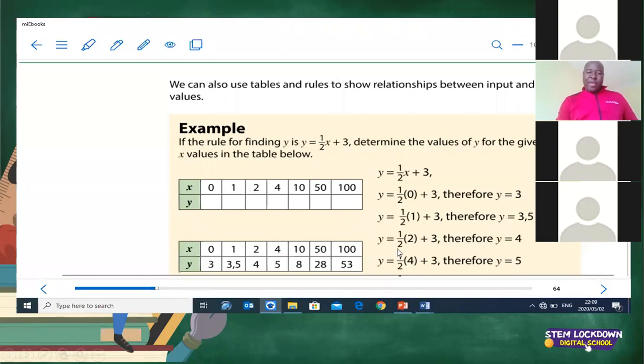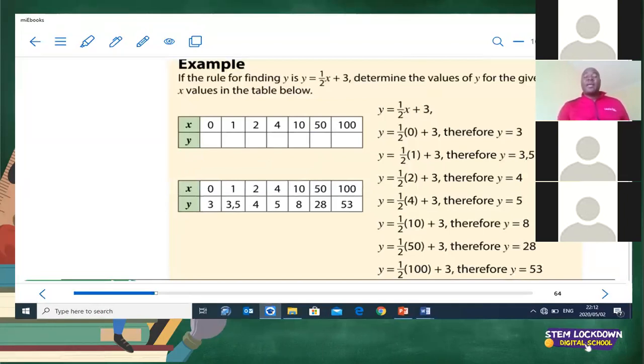So therefore, if x is 2, y will be 4. If x is 4, again, you substitute the equation, half of 4 is 2, 2 plus 3 is 5. Sorry, 4 plus 3 is 7, but half of 4 is 2, and 2 plus 3 gives you 5. So you have 5.